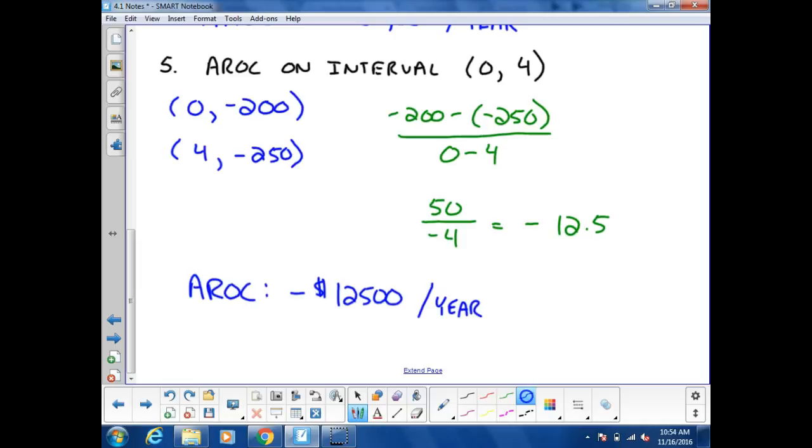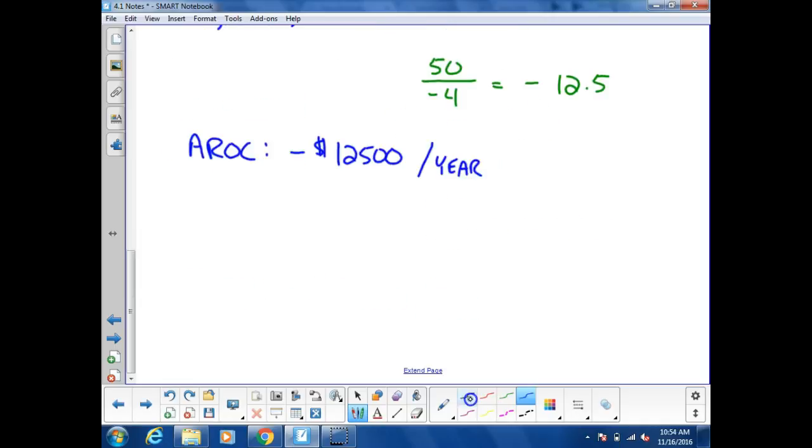My function could do whatever it wanted in between that point and that point. Here was at year 0. Here was at year 4. My function went up, came back down, and came back up during that point in time, right? But because I am looking solely at the 2 points, I'm looking only at the slope of that red line.